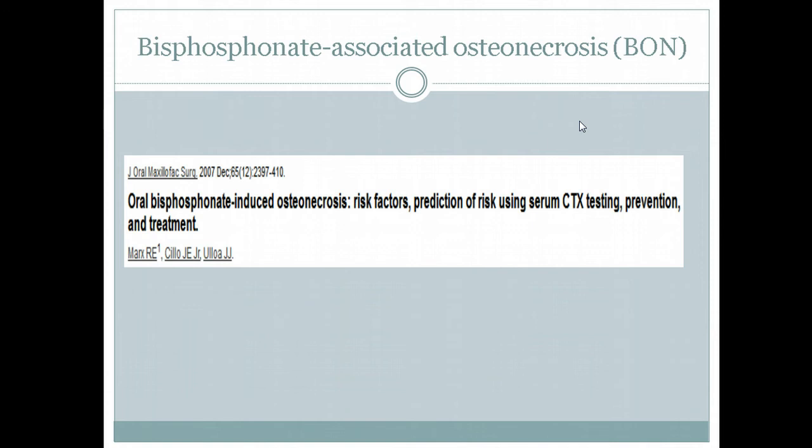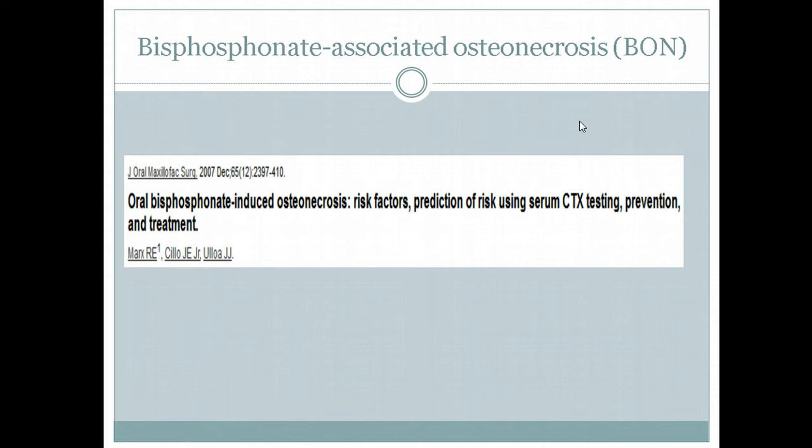So basically, the key aspect of bisphosphonate is the turnover. And when you don't have turnover, that means you don't have healing. And that's what leads to dead bone when you have no healing, which is osteonecrosis.